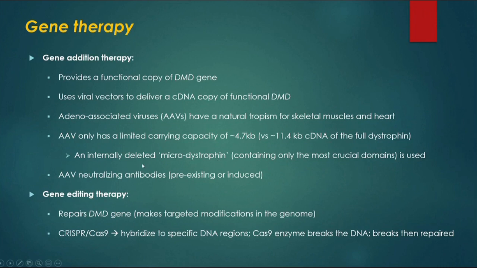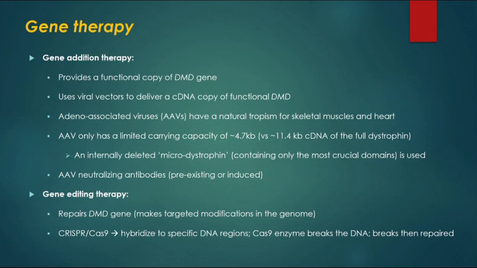So a very clever approach was to use microdystrophin, using only the most crucial domains. As I talked to you about the 4 domains, the most crucial domains were taken from dystrophin and used for this approach. Another problem is that some patients may have pre-existing antibodies to AAV, adeno-associated viruses, so that can be handled by using immunosuppression before injecting this.